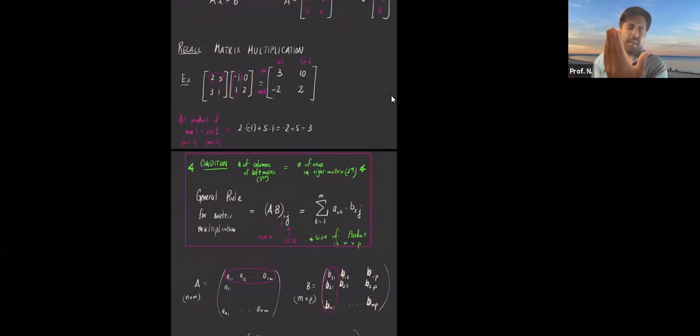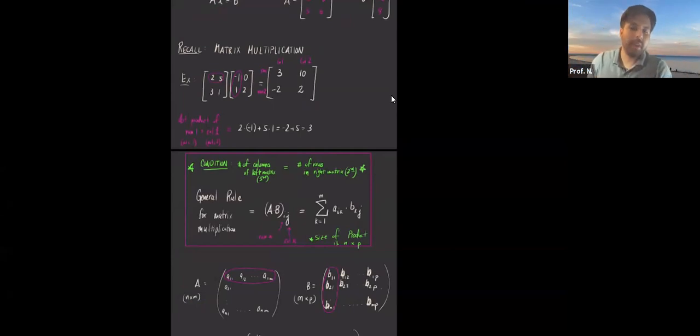I should say the left matrix and the right matrix. You take the row from the left matrix and the column from the right matrix, you multiply the corresponding entries and you add them up, and that is known as the dot product. But don't worry about the terminology; that's something similar to what the dot product does.